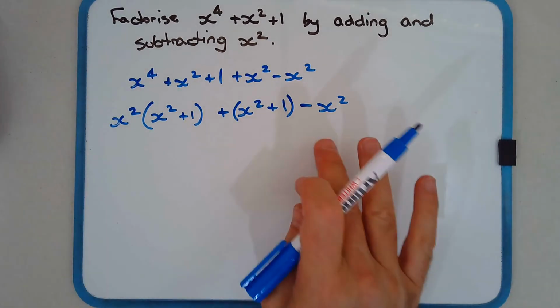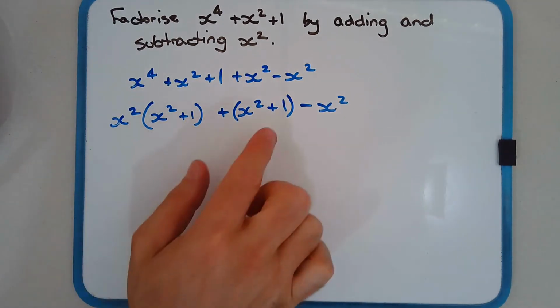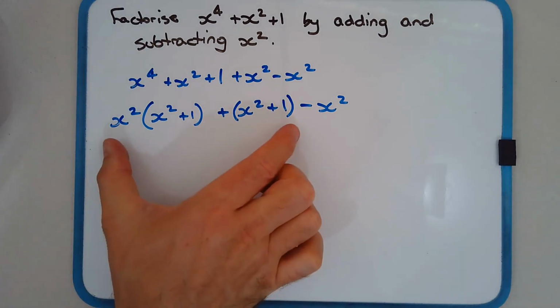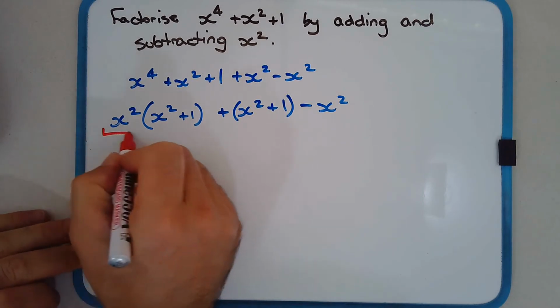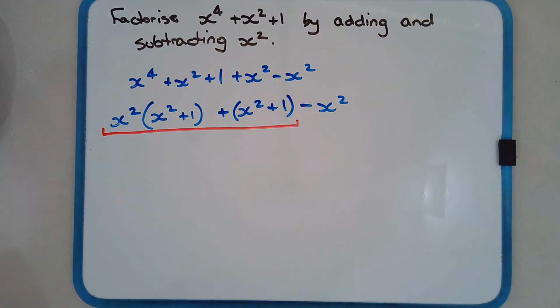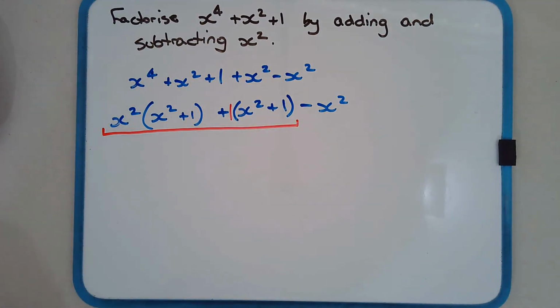However, ignoring the x squared here, you can see that we have a common factor, at least with the first part of this expression. So gaze your attention here. Don't worry about the minus x squared. We have one lot of x squared plus 1, so why don't we put a 1 there just to make it clearer what we're doing.